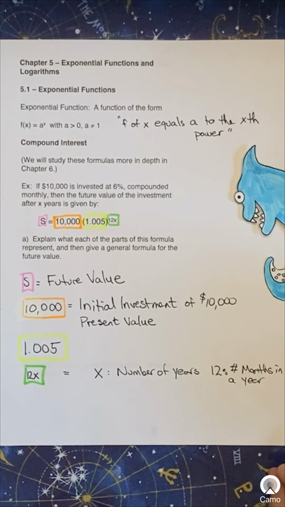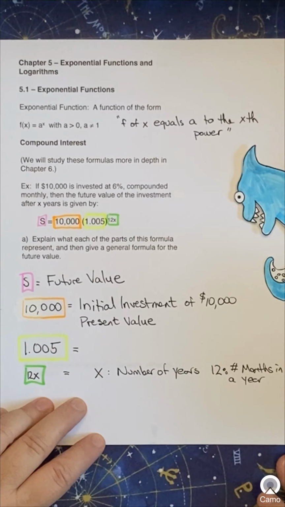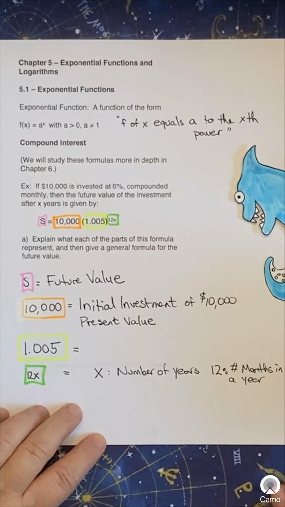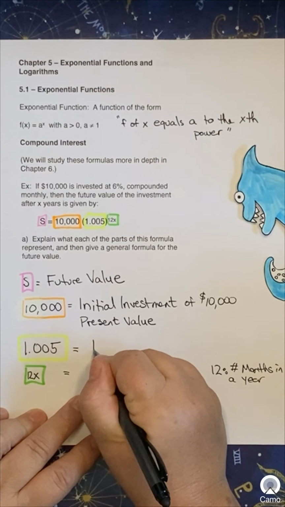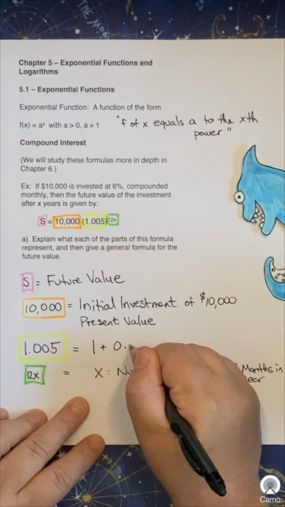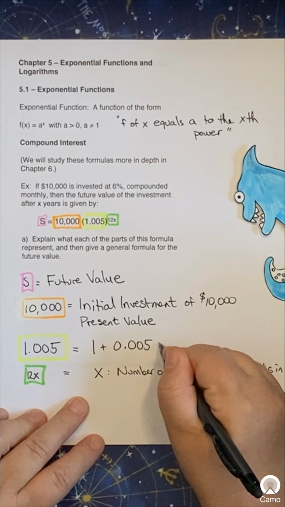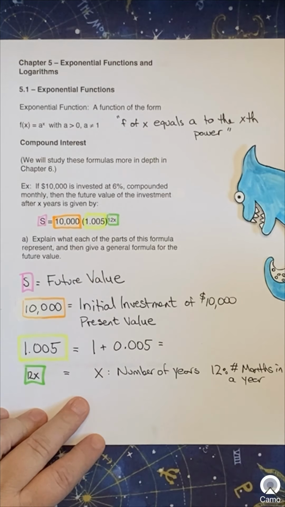Okay, now we have to go back to the 0.005. I got excited. I'm going to tell you, and this is why it's good to have a teacher around and not just try to figure things out without knowing. So thank goodness I have a use in the world. I'm going to tell you this is 1 plus 0.005. Now, if you've never done this before, you're going to say, well, duh, but what does that even mean?